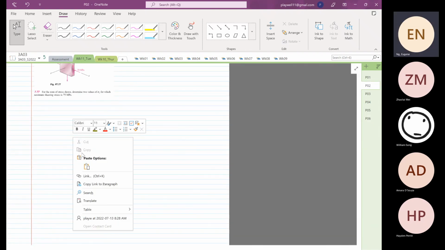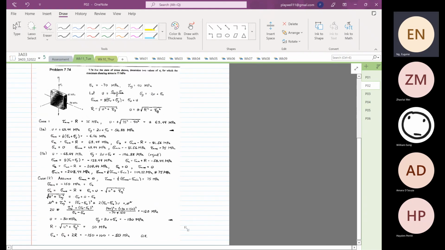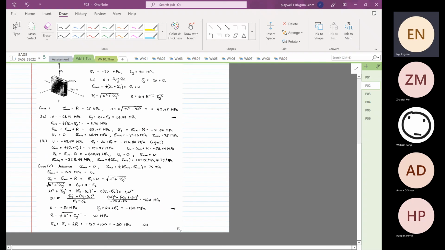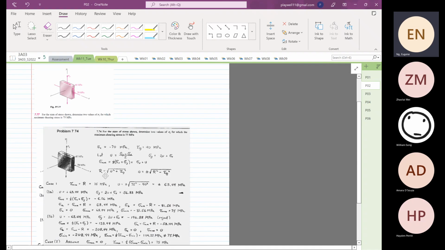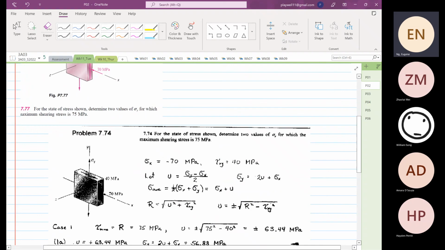Usually the solution provided by the textbook is highly complex. You guys have been in this course for 11 weeks already, and you realize that the method that I teach is so much more straightforward than the solution provided by the solution manual. Okay, let's look into this question first.